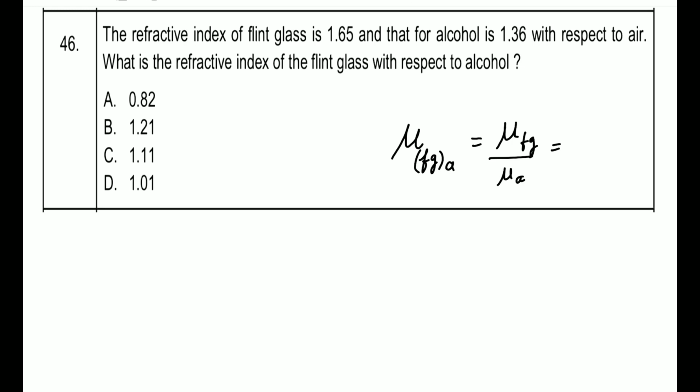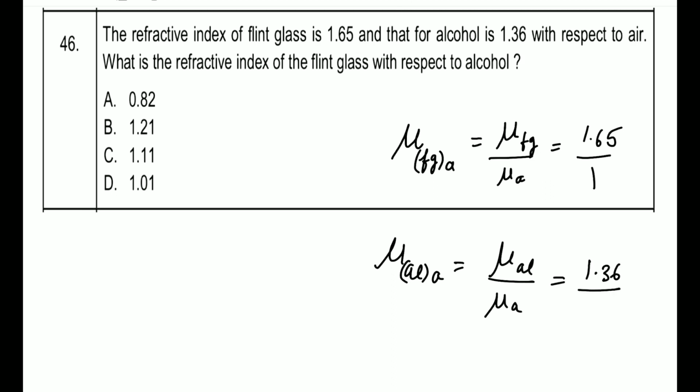The refractive index of air is 1 and of glass is 1.65, so the answer is 1.65. Similarly, for alcohol with respect to air, it is 1.36 divided by approximately 1, which comes out to 1.36.